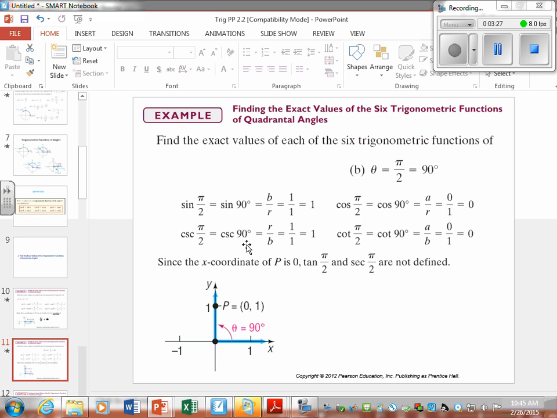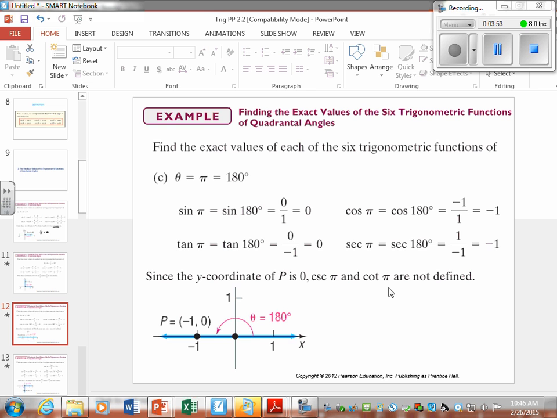Cosecant of 90 is going to be 1 over your y. So 1 over 1 is 1. Cotangent is going to be x over y. So it's the x value divided by the y value, which is represented right here, 0 over 1, which simplifies to 0. And then tangent and secant are undefined because they have division by 0.